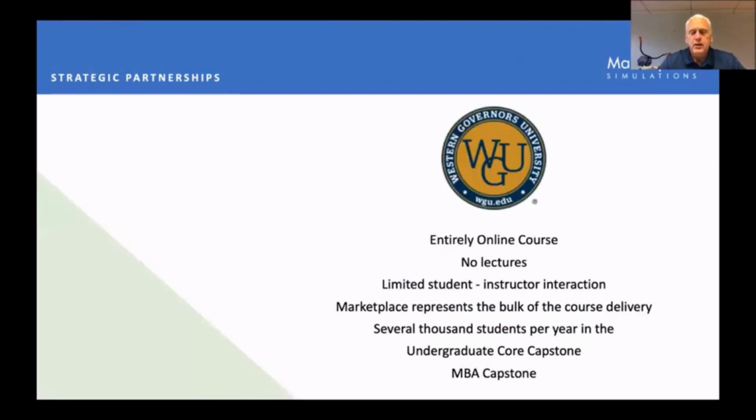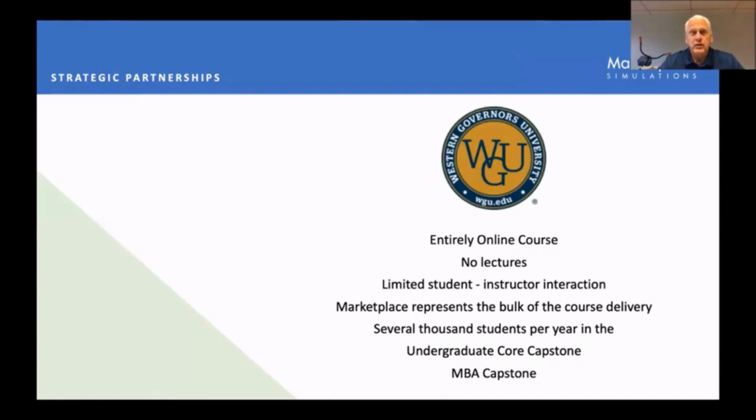We've also partnered with Western Governors University. This is an entirely online university, and we have helped them create a capstone undergraduate core course, which would come after they've completed all of the fundamentals in all the disciplines, and also a capstone MBA course. And the bulk of the course really revolves around one of our marketplace simulations.